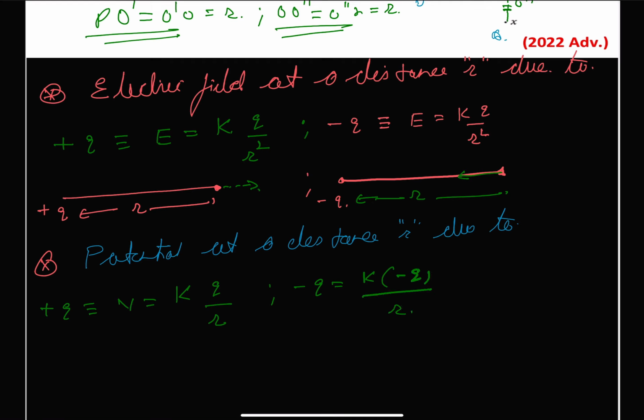So this is the basic formula for the electric field. The electric field is away from a positive charge, and for a negative charge it is towards the charge.